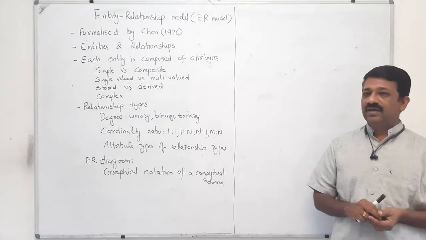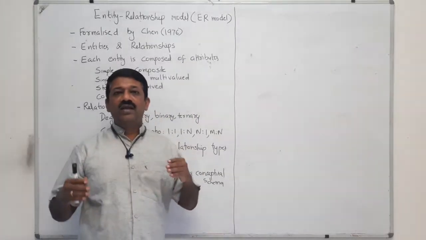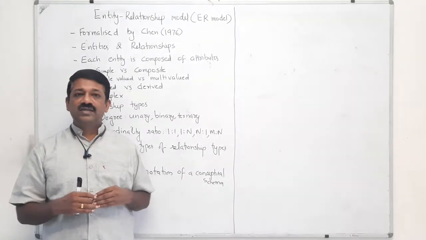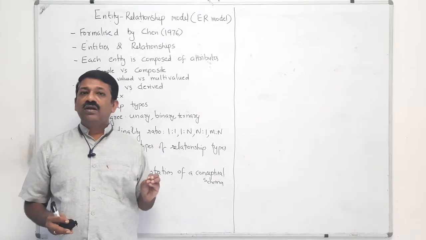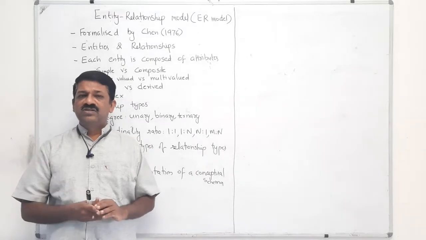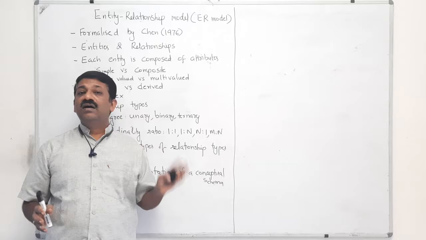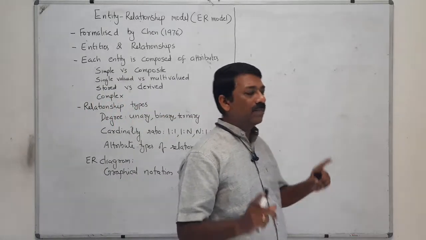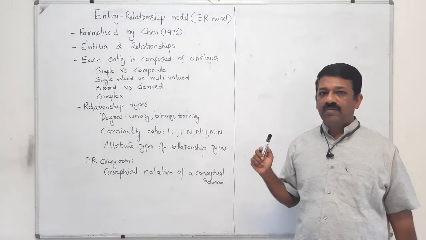A number of techniques are there. You can use any technique, but before a good database is designed, you should have the entity relationship model of that enterprise. Every detail should be there in the ER model, and once you have a proper ER model, it's very easy to design your database.